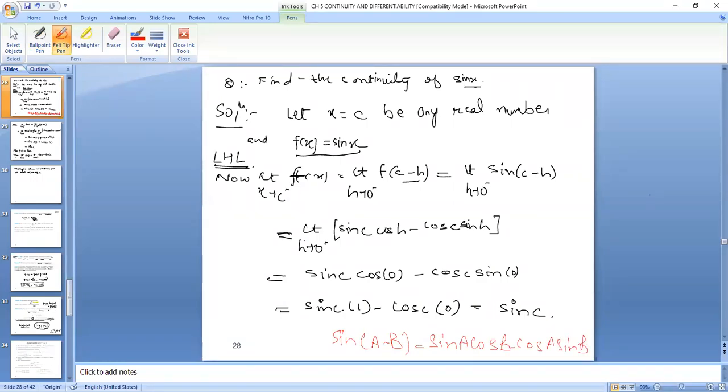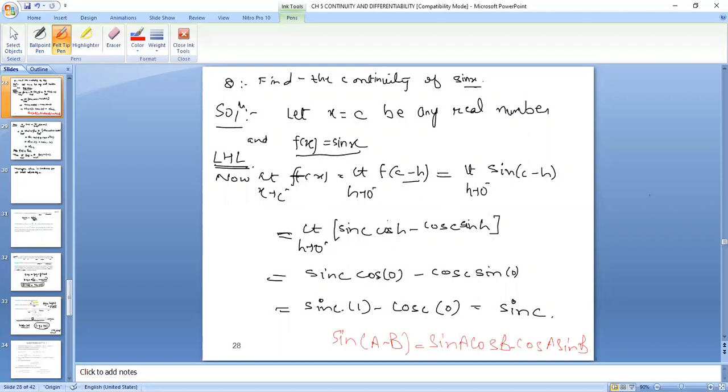So we have limit h is tending to 0 negative sine C cos h minus cos C sine h, which is equal to sine C cos h means cos 0 minus cos C sine h means sine 0.